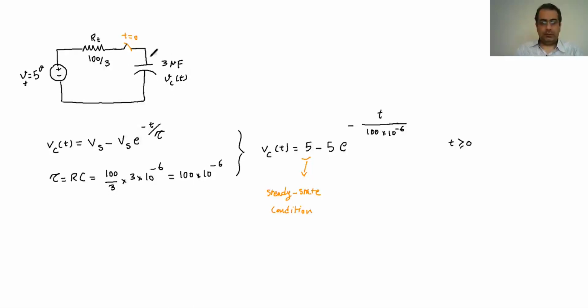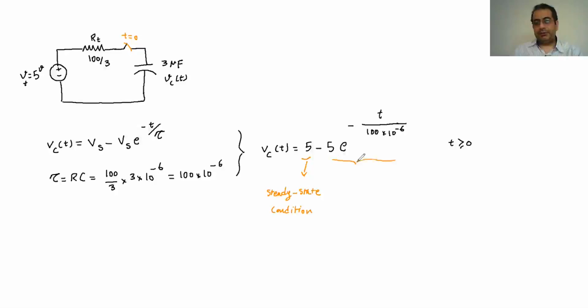It doesn't let any current go through anymore, and the voltage in the capacitor is going to become equal to the voltage of the source, because when we don't have any current going through that circuit, the voltage in the resistance becomes 0 based on Ohm's law. If there's no current, there is no voltage here. So the voltage here becomes equal to that. So this is the steady state condition, what eventually we are going to get to.